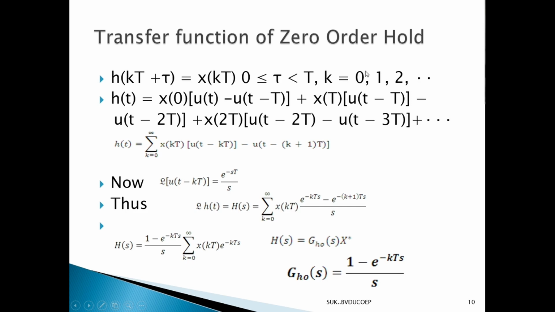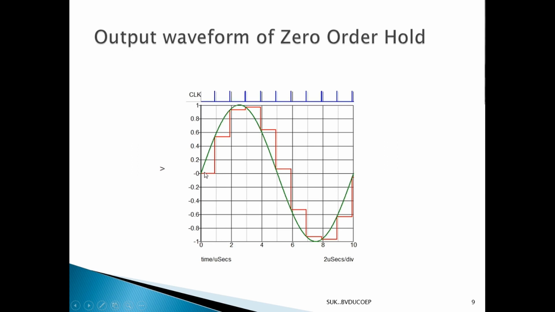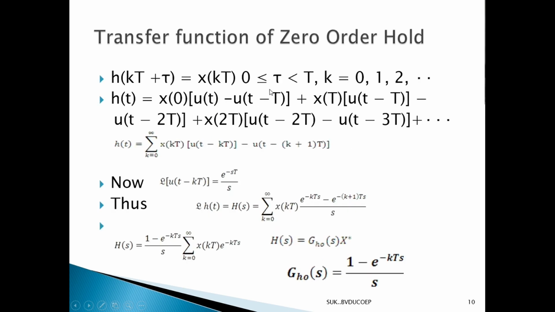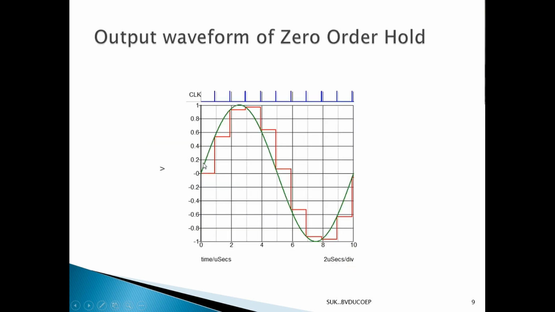x(kT) from 0 to T. T is very small. Between 0 and T, suppose this is 0 and this is T, in between there is a small interval, that is x(kT), with k equal to 0, 1, 2, like that. So it is considered as impulse u(t) and u(t minus T). So these are impulse additions.